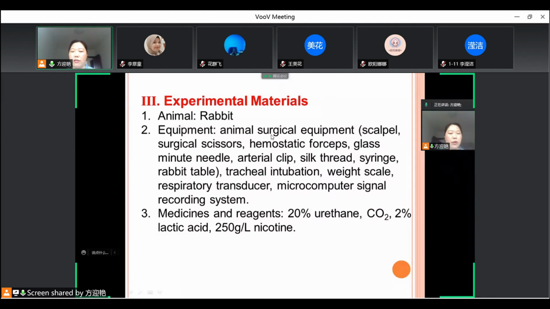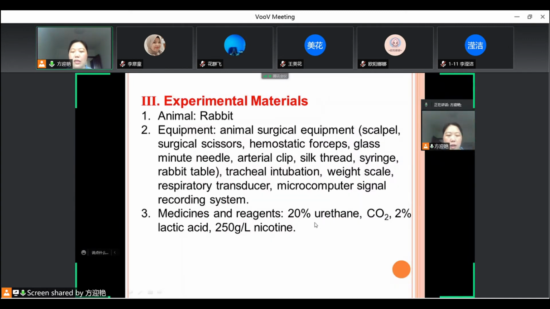We will need surgical equipment like a scalpel and surgical scissors, hemostatic forceps, glass cannula needles, an arterial clip, and silk thread. We also need tracheal intubation, a scale, a respiratory transducer, and a microcomputer signal recording system.